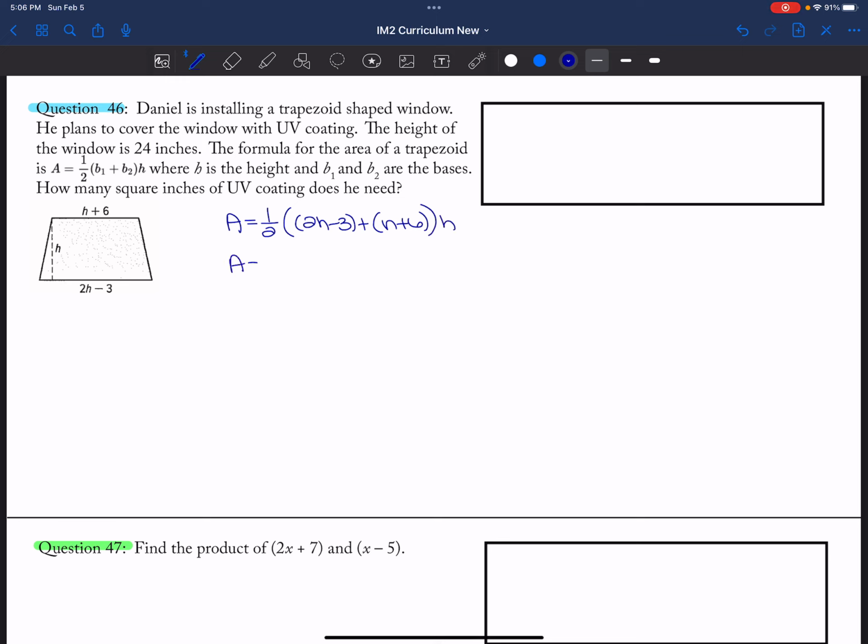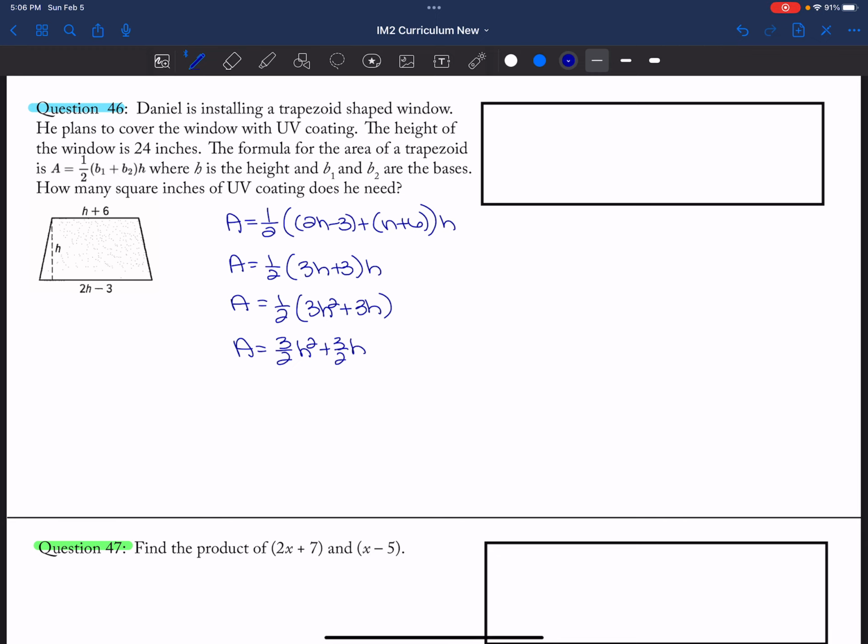So then A is equal to 1/2, and you have 3h plus 3 times h. So then area is equal to 1/2 times 3h squared plus 3h. So area is equal to 3/2 h squared plus 3/2 h, right?